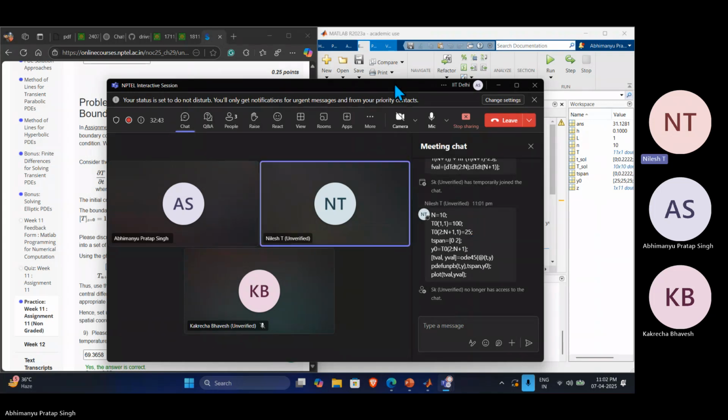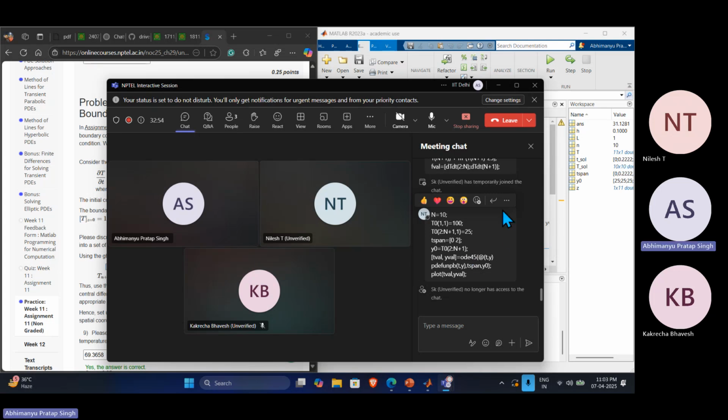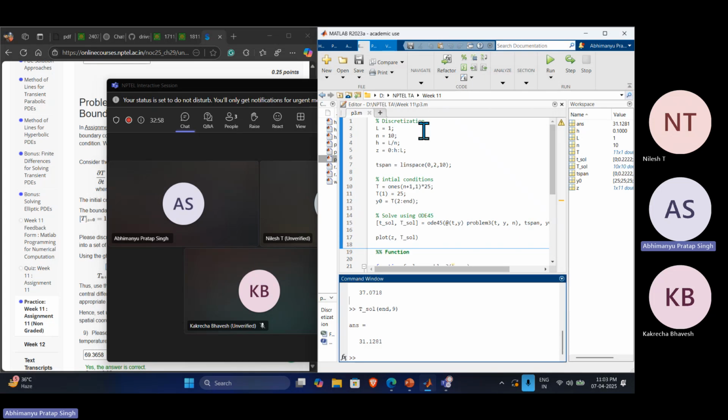Instead of h bar, I have taken m. Yeah, that is fine. Span 0 to 2. This looks correct to me. Let us run this.